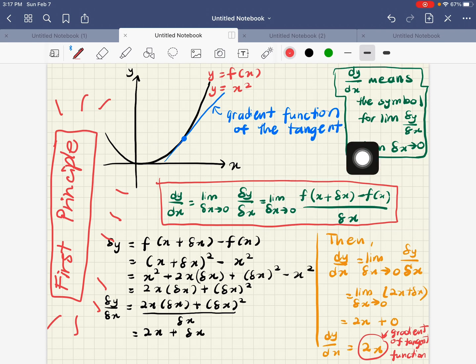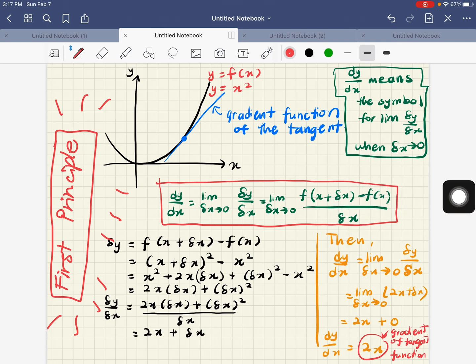So it means that when we have a function and we want to find a point in this function, if it is not given to us, we can use differentiation to find the gradient function of the tangent. I'm not going to discuss more about the first principle because I'm going to skip this and keep it for later so you can understand more.